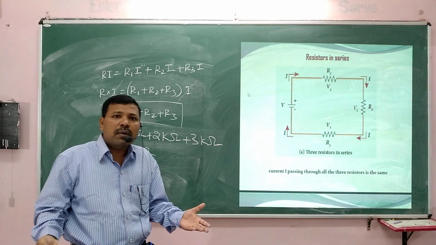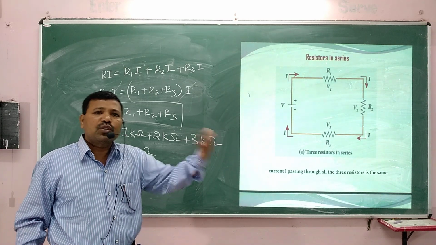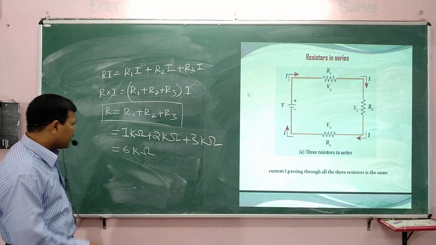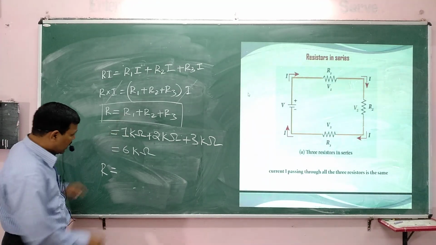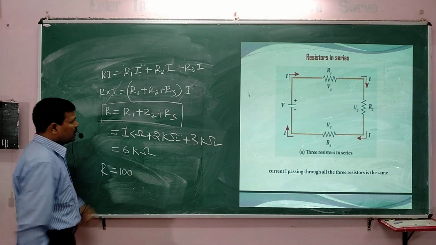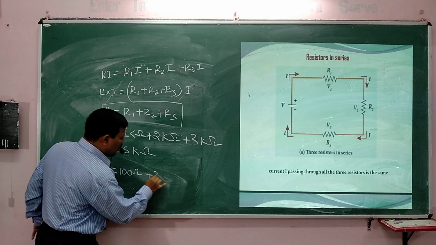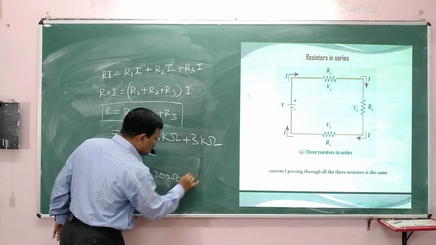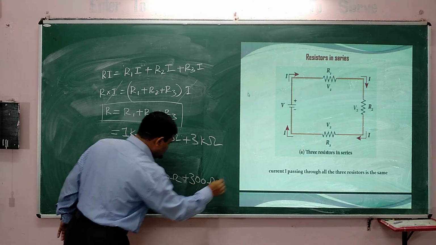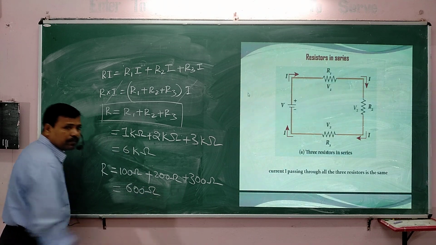Instead of kilo ohm, if resistances are 100 ohm, 200 ohm, 300 ohm, then how do you add? R is equal to 100 plus 200 plus 300, which is equal to 600 ohms.